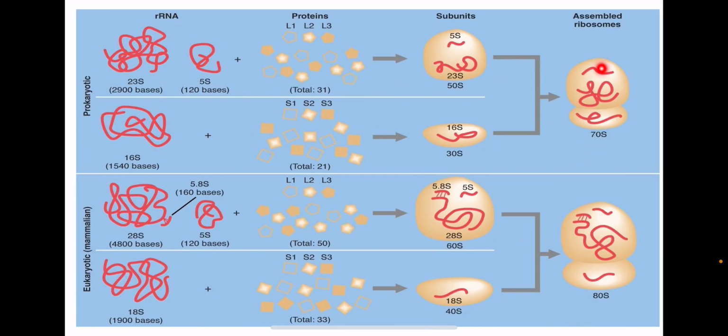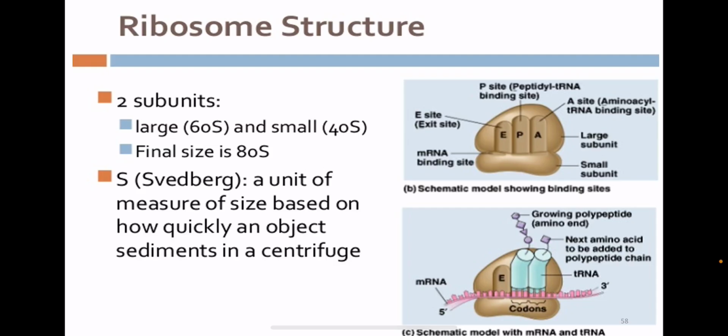In prokaryotes, for example, the 70S, when they separate, are 30 and 50. They should sum up to 80, but it is 70. And in eukaryotes, 60 and 40 should sum up to 100, but when they come together, it's called an 80S. The S is just Svedberg. It's a unit of measure based on how quickly an object sediments in a centrifuge, so it does not really mean the size.